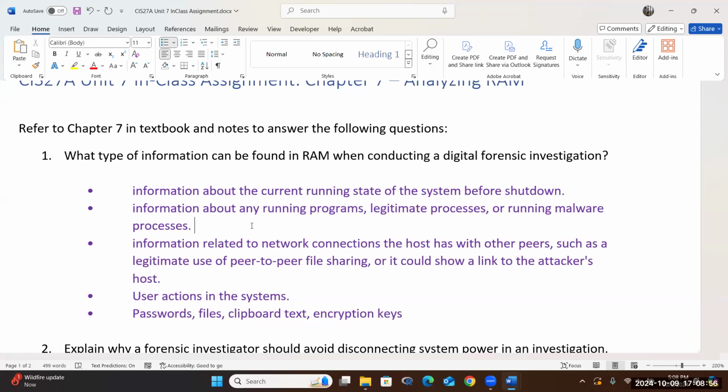The third thing that we would find in RAM is your network connectivity. Things like host information. So if I'm connecting to a certain system to share files, that would also show my connection in the RAM.